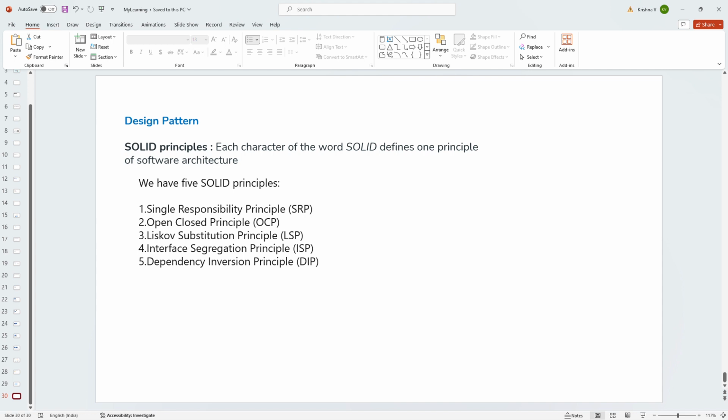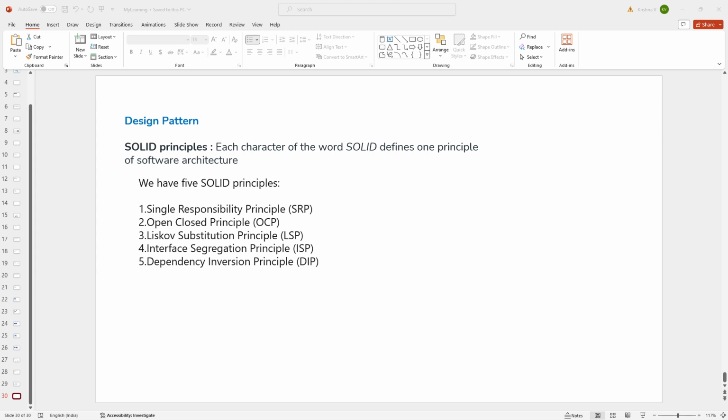This is excellent and well used. Most developers use it in every application. It is a basic coding standard which we need to follow when we are writing any project. So let's talk about the SOLID principles design pattern.